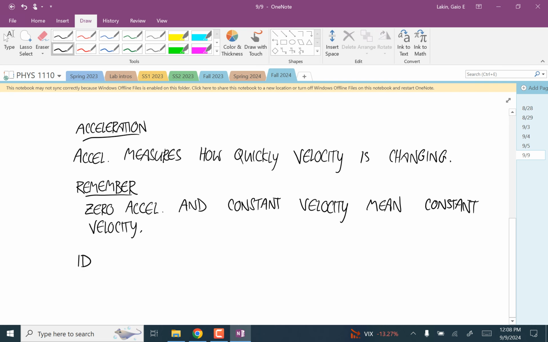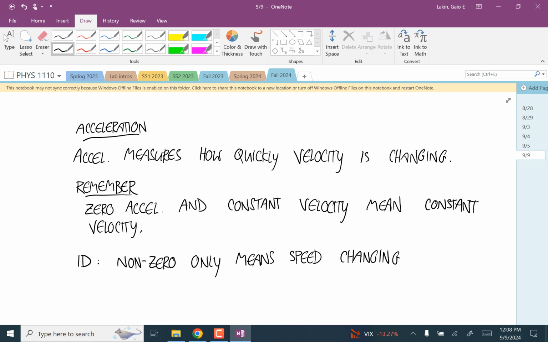So right now we're doing one-dimensional motion along a line. Pretty soon we're going to switch to two-dimensional motion where a thing can move anywhere in a plane. In 1D, non-zero acceleration can only mean that the speed is changing. That's the only way that the velocity can change. And there aren't too many things like this where there's a really fundamental difference between what happens in 1D and 2D.